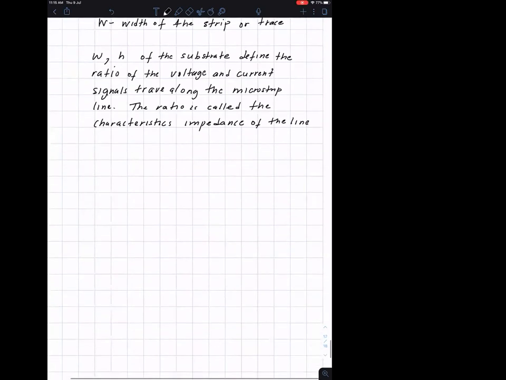Okay, if this is the line, for example, let's say the current is traveling, and there's also voltage.